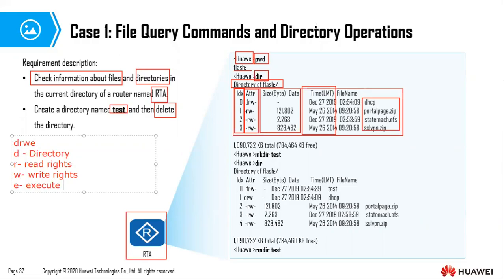So we can see, for example, that our very first entry here is a directory because it has a D. It has D for directory. The other way you know that you're dealing with a directory is that directories don't have an extension, while files will have an extension like .zip.